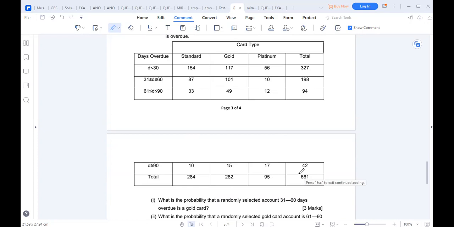Platinum, 95 over 661. Less than 30, 327 over 661 directly. But if they're asking you to find between 31 and 60 given gold, go where they meet, but the letter which is down there, gold, gives the total. So 101 over 282. So that is just a preamble.